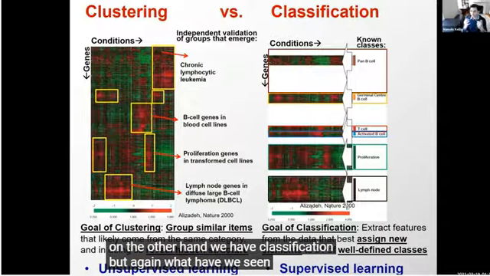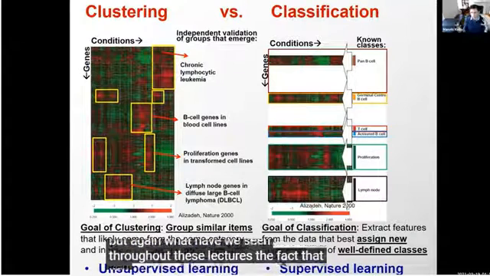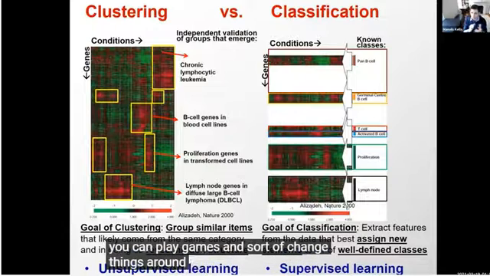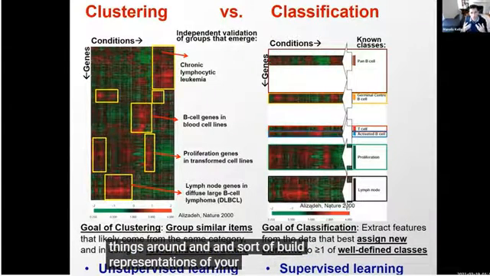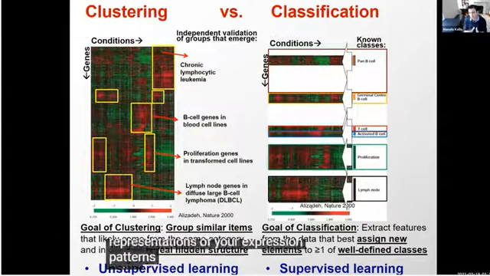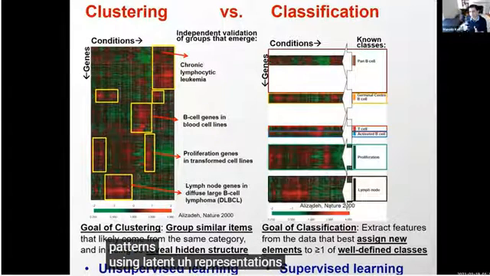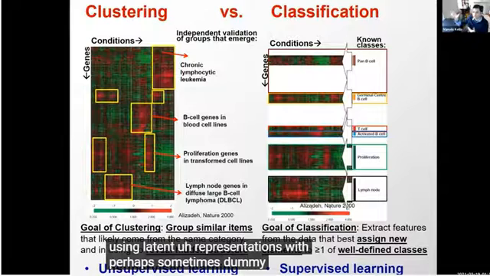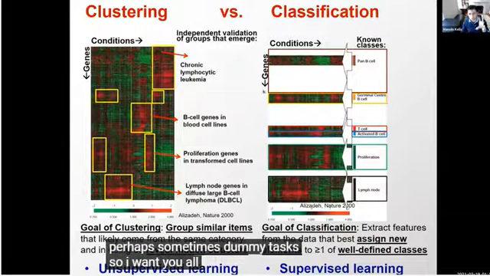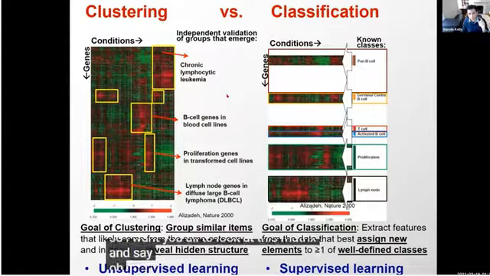But again, what have we seen throughout these lectures? The fact that you can play games and change things around and build representations of your expression patterns using latent representations with perhaps sometimes dummy tasks. So I want you all to look at this matrix and say, oh, what could I do?